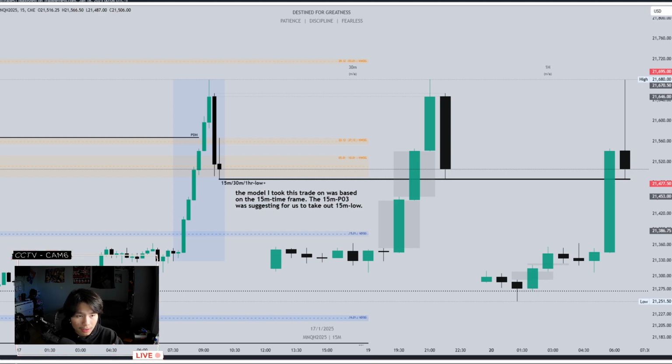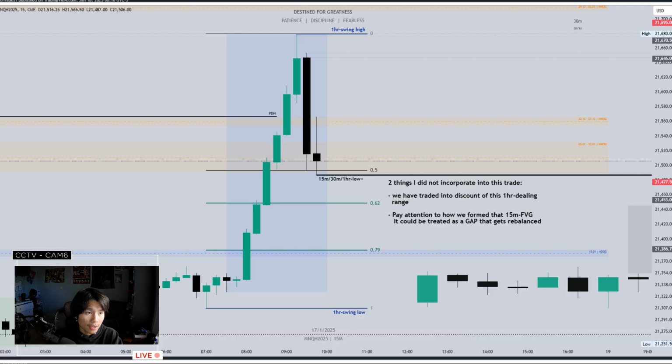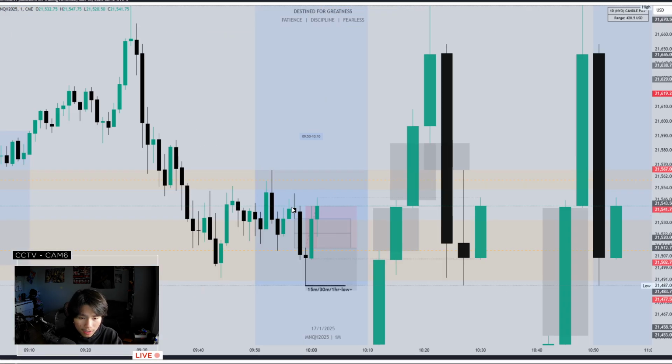The only thing that's missing now is my entry pattern. So my entry pattern here is this 1 minute fair value gap, and this one I actually highlight for you guys. So once we rebalance or trade into this 1 minute fair value gap, I take my entry, and I mean now it's up to price to either play out or not play out.